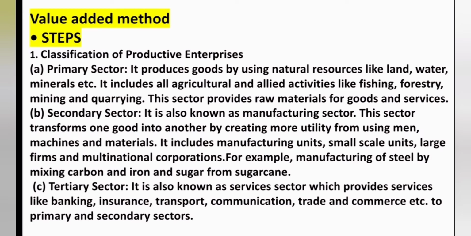For example, manufacturing of steel by mixing carbon and iron, and then sugar from sugarcane. All these are examples for secondary sector. Tertiary sector provides services like banking, insurance, transport, communication, trade, commerce, etc. And this service is rendered to primary and secondary sectors.